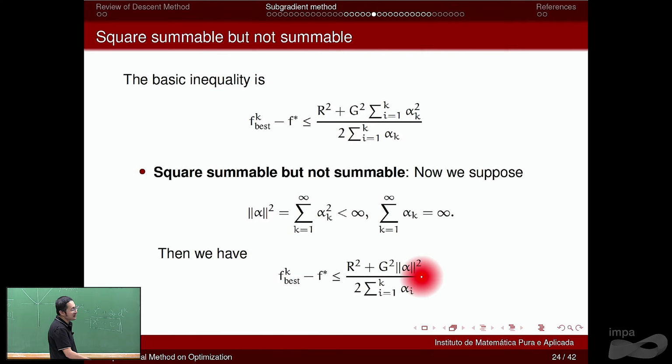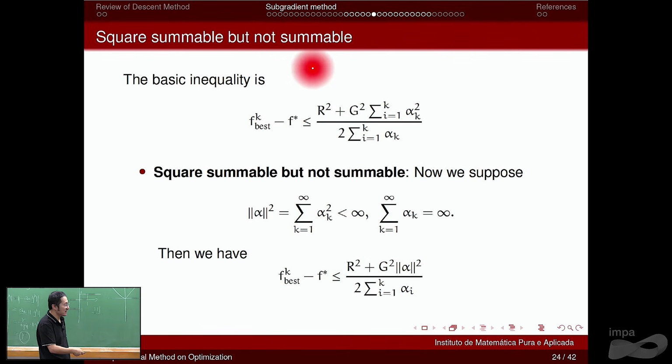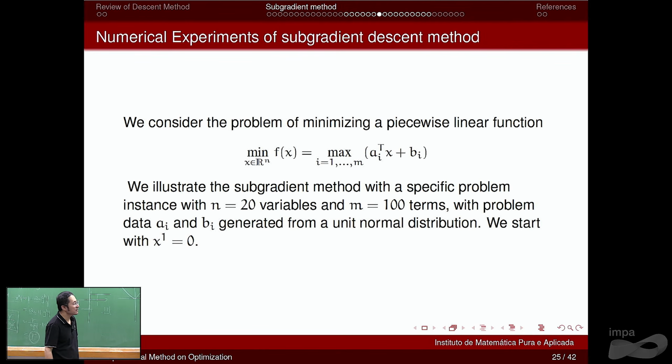So the right side of this inequality, this fraction, approaches 0, and then we know the gap between f_k best minus f star is less than or equal to 0. And we know we get convergence if we take this kind of step size.